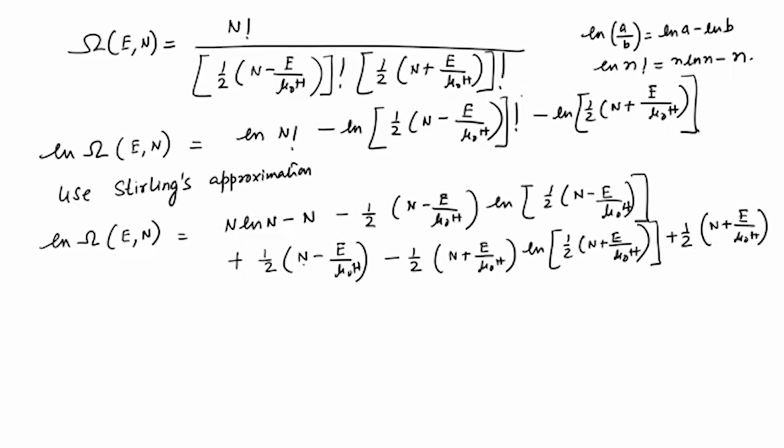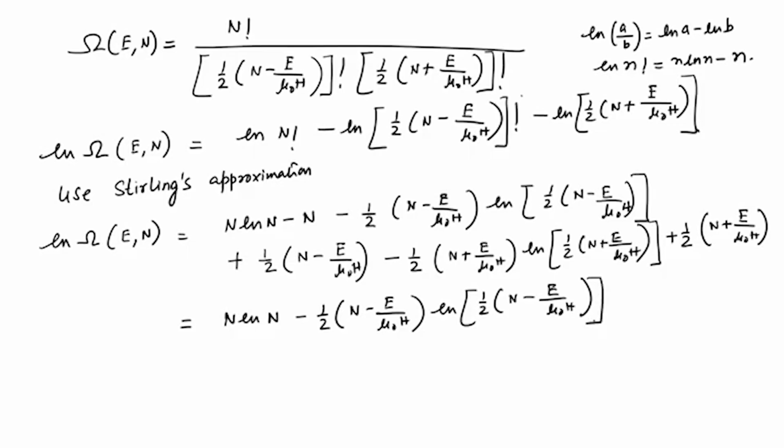So, this minus n will cancel with each of these half n's, and then we shall be left with n log n, minus half of n minus E by mu 0 h, log of half n minus E divided by mu 0 h, and there is another term which is minus half of n plus E by mu 0 h, log of half n plus E by mu 0 h.